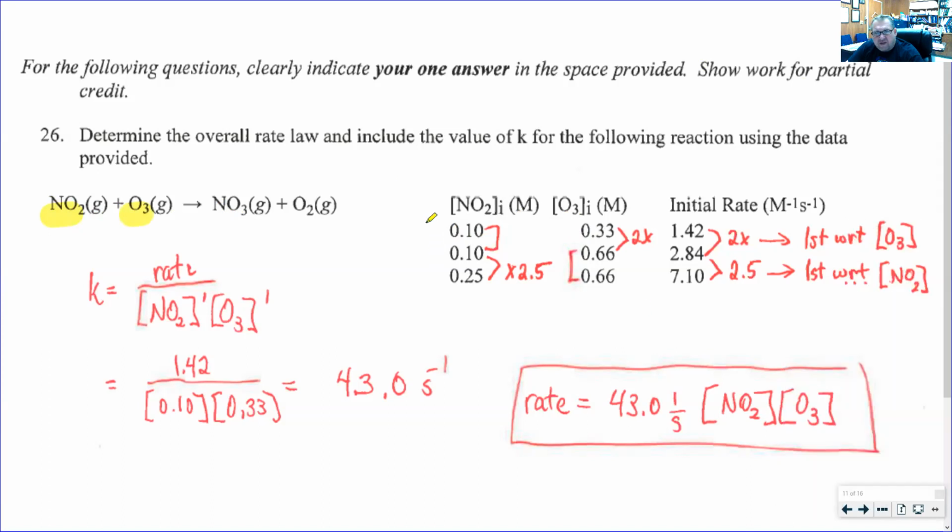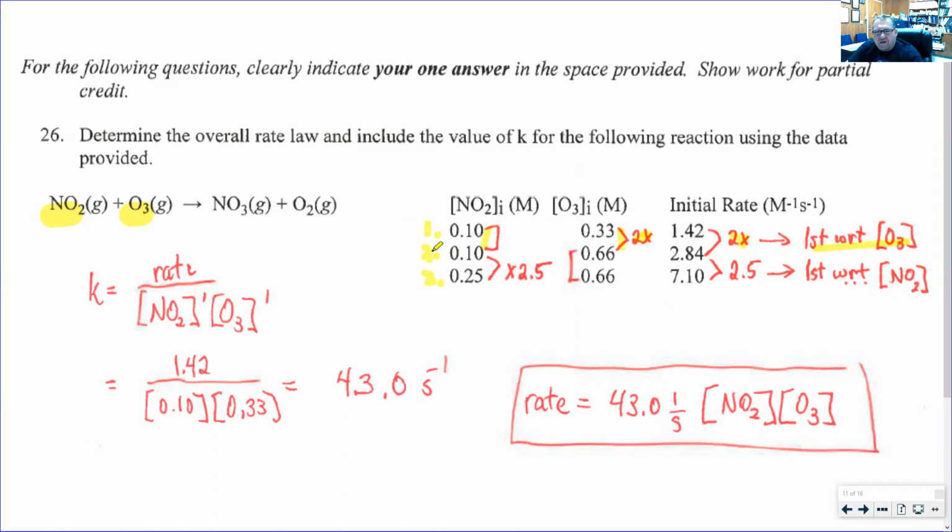If I think of these as 1, 2, and 3, if I compare 1 and 2, the concentration of the NO2 stays the same, but the concentration of the O3 doubles. So double the concentration and the rate doubles as well. So that means it's first order with respect to the O3.